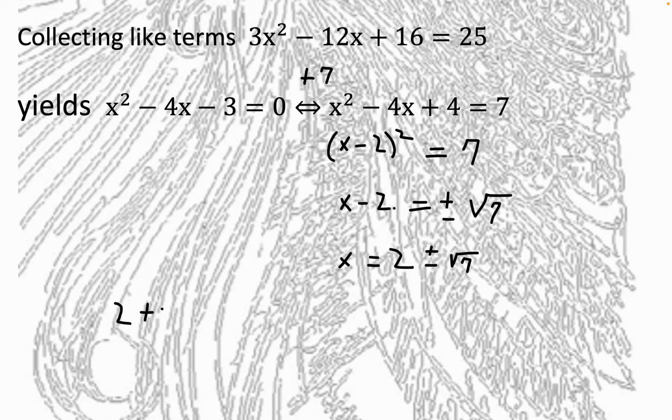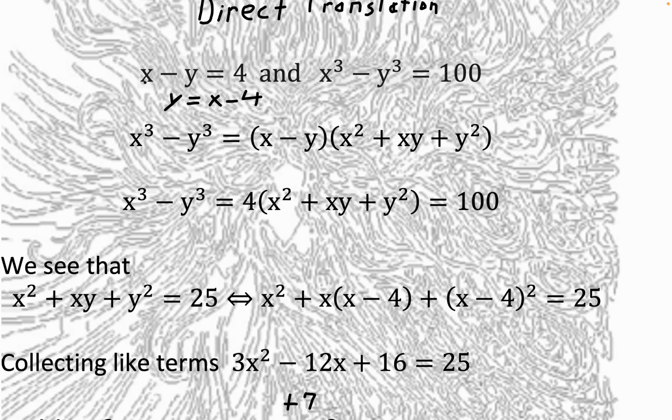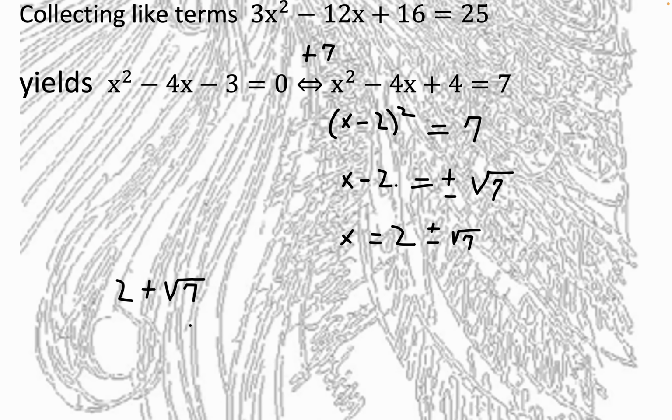Now remember, this would be the larger number, right? X was arbitrarily chosen to be the largest number, the way we set this up, all right? And so what happens right here, if you subtract 4 from that, you would get minus 2, plus root 7.